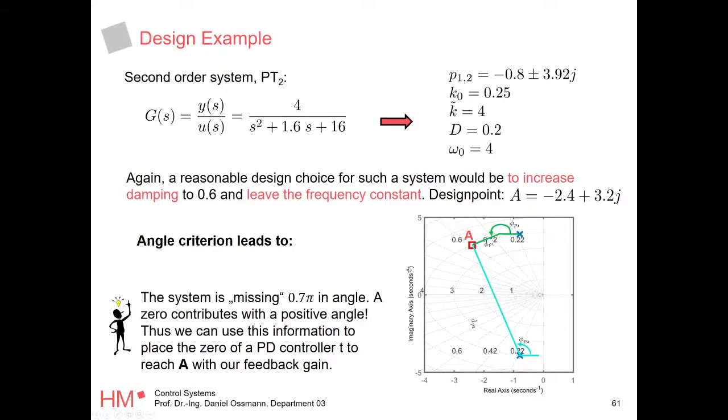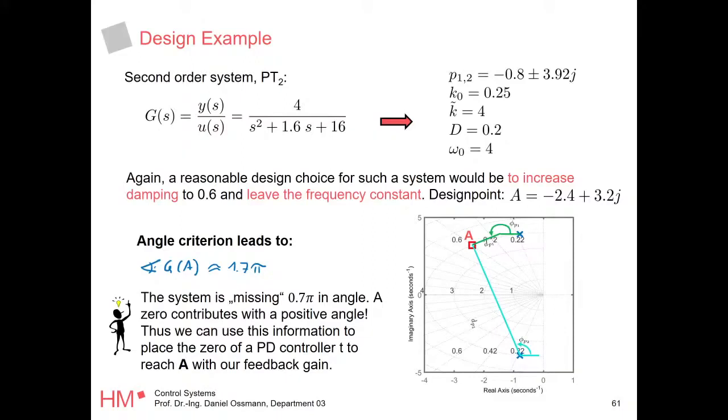If you do the angle criterion, a couple of slides ago the angle criterion resulted in something that was roughly, I think, 0.7 pi. Let me check back.